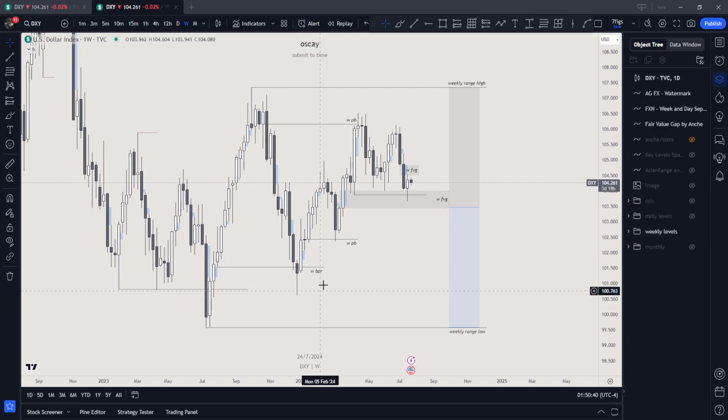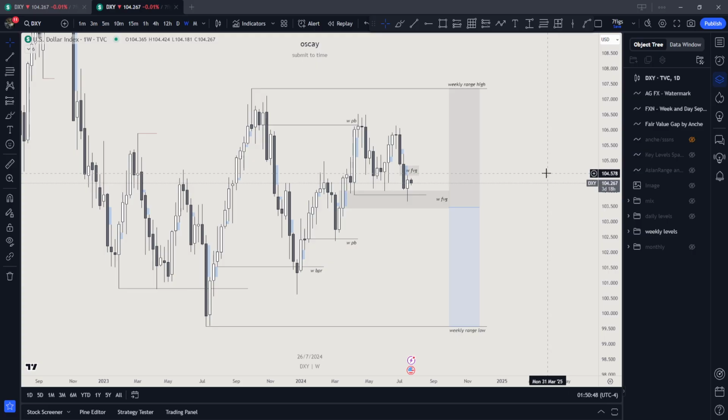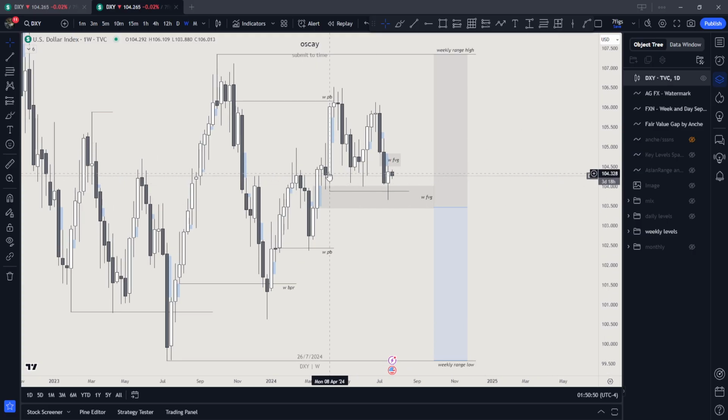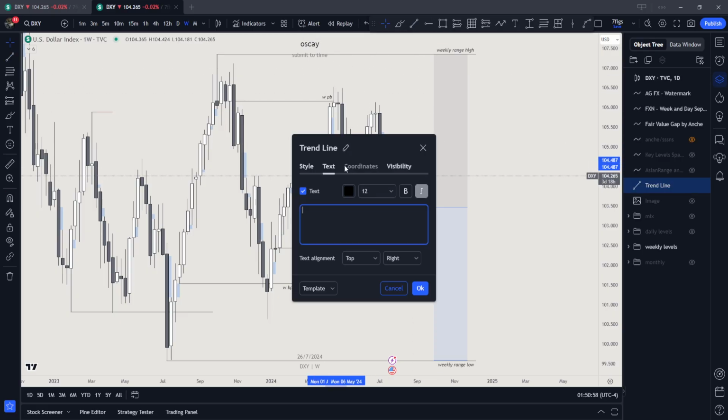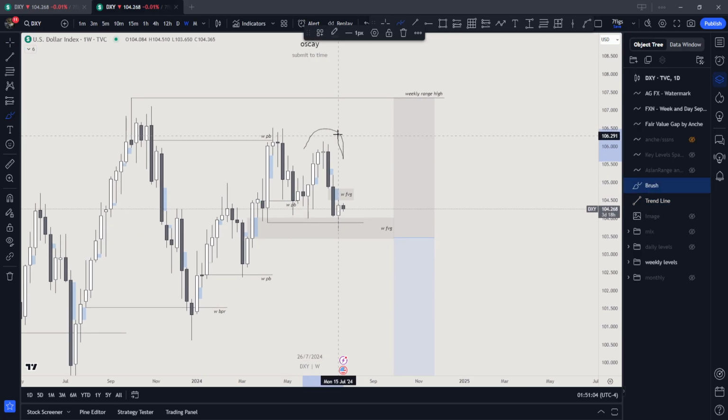Why? Because if we just use the order flow market structure type beat on which PD arrays get respected, we failed to push up from this propulsion block right here. And when we fail to do so, your brain should be like, okay, this drop down, what created this drop down? This propulsion block right here.